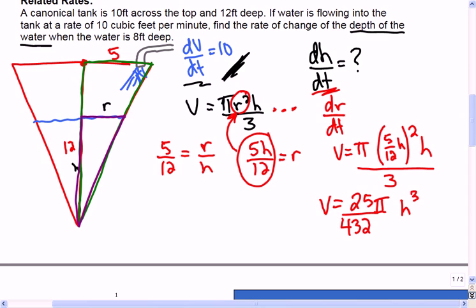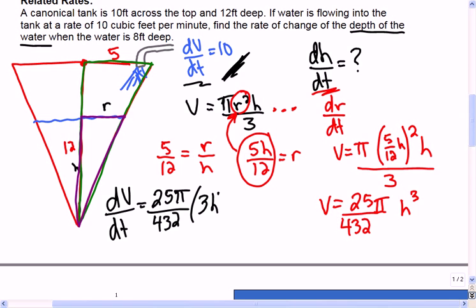And this is the one I'm going to take the derivative of implicitly with respect to time. So dV/dt is equal to 25 pi over 432 times 3h squared dh/dt. And this is the piece that I'm going to try to solve for.